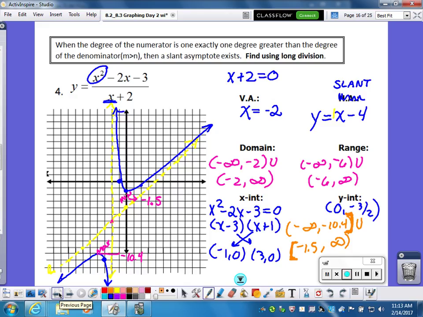So once we sketch in the slant and the vertical asymptote, you do need to go to your calculator and try to see what's going on. Make sure to be careful that, for this particular graph, we had to zoom out a little bit because this piece wasn't even showing. The domain, we still get the same because it's that vertical asymptote.